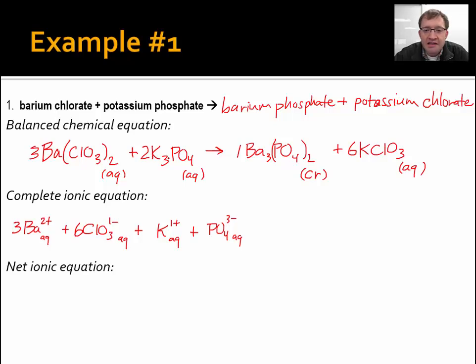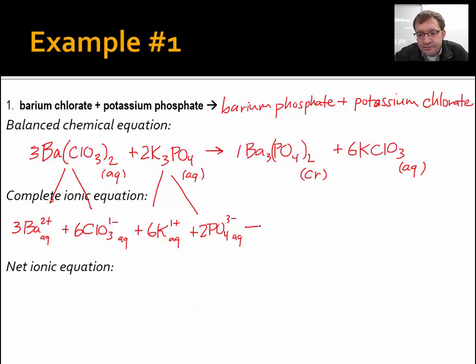We've got 2 potassium phosphates, so that means a total of 6 potassiums and 2 PO4s, right? So not 2 times 4, but 2 phosphates, and that would be a 2 in front of the whole thing, like so. So we've taken this first compound and split it into 2 parts, and we've taken this second one and split it into 2 parts as well. So it's kind of branching out that way.